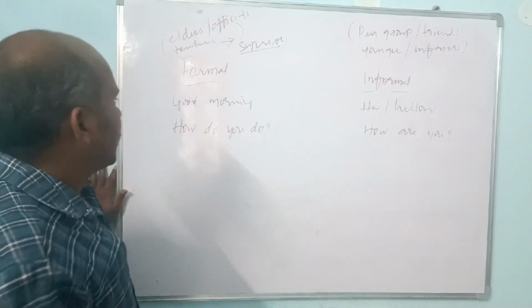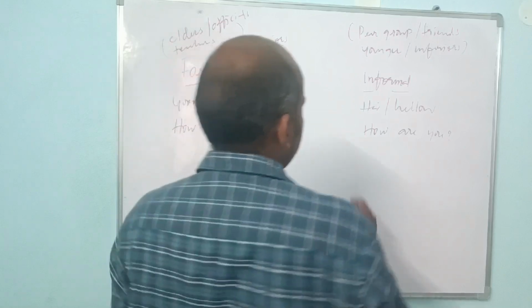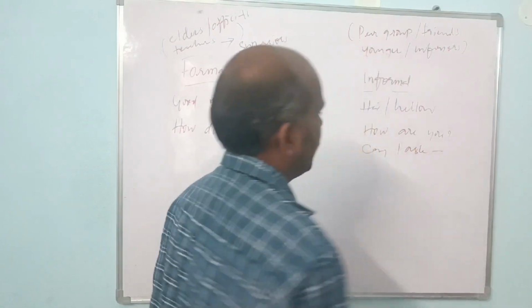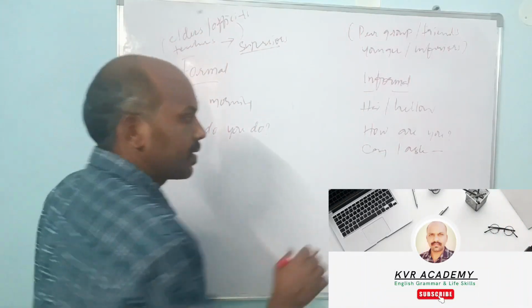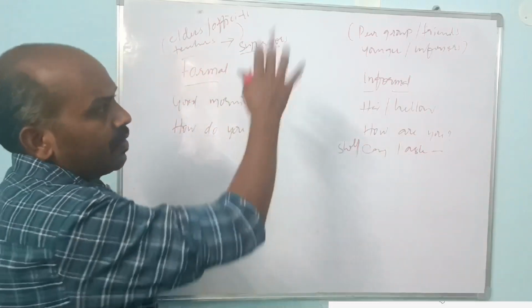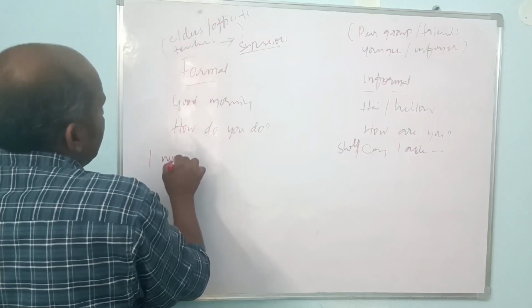And normally if you want to ask a question to these people, we ask, can I ask a question, can I ask something, which is very informal. Here we don't use can I ask or shall I ask, it is for inferiors. Here we say, I would like to ask a question.